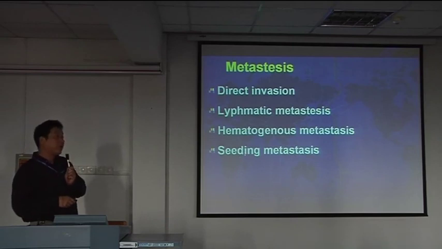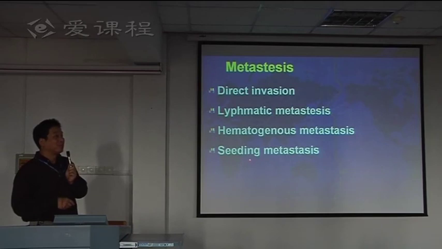So the majority of gastric cancer patients die from seeding metastasis. Approximately 60% of patients will die of peritoneal metastasis, and about 40% will die of liver metastasis.